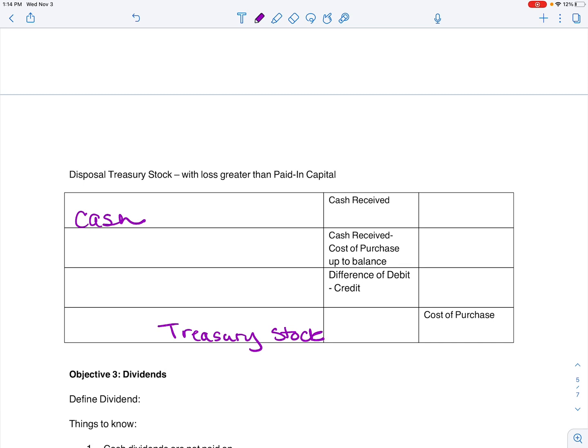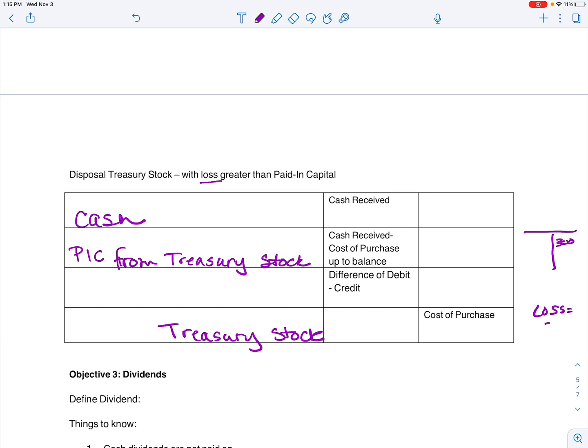We're going to go ahead and debit that paid-in capital in excess of par from your treasury stock. But that can only be up to the amount of your loss that you have available in paid-in capital. So let's say we have our paid-in capital account. It has a normal credit balance, and let's say it's $300.